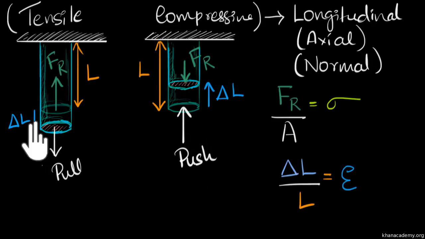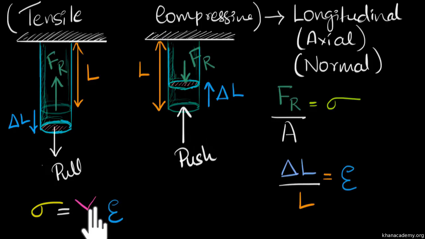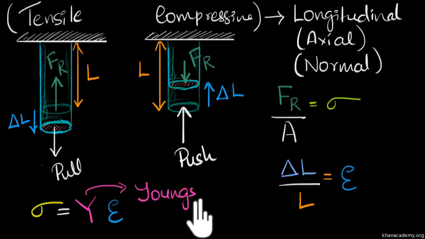And now if you use Hooke's law, we could say that this stress is proportional to strain. And so that proportionality can be written as equal to, and one elastic modulus comes over here. And this elastic modulus is often written as Y, and we call that Young's modulus.